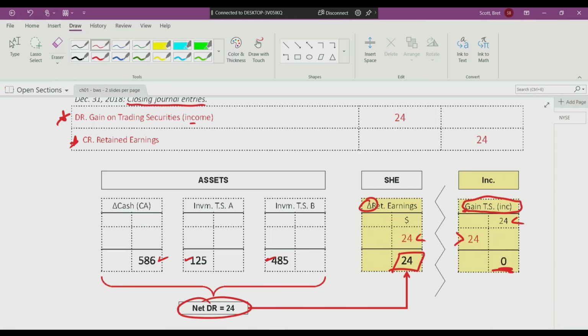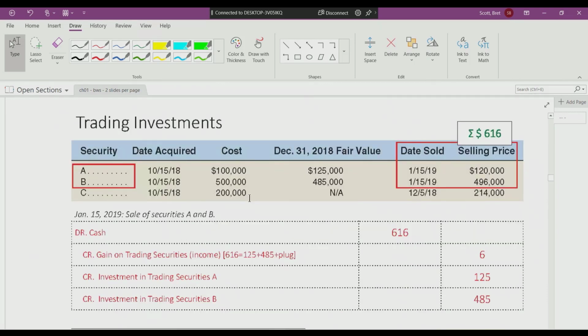But you have to make sure you are familiar with and understand the concept of closing journal entries. If something affects the income statement, you also have to worry about its simultaneous effect on equity, be it through retained earnings or accumulated other comprehensive income. We're almost done with this sucker.